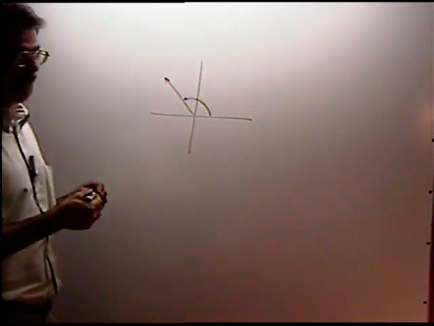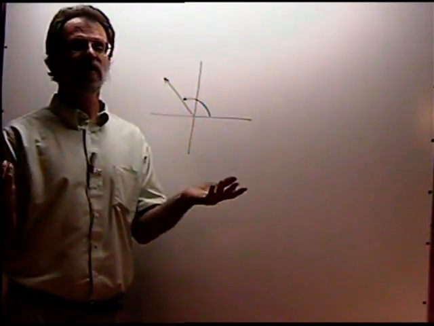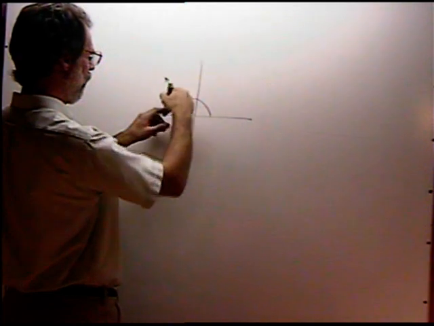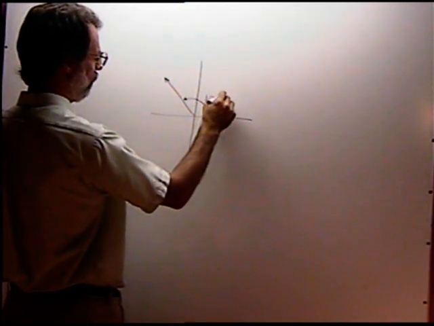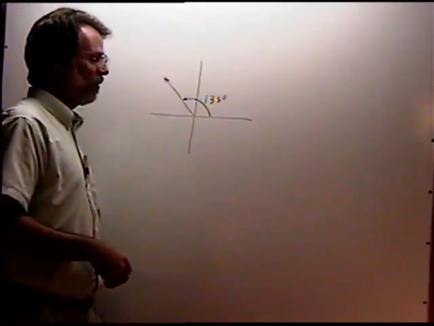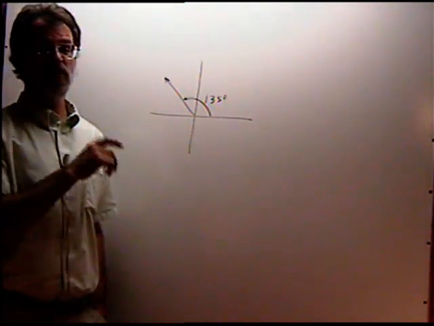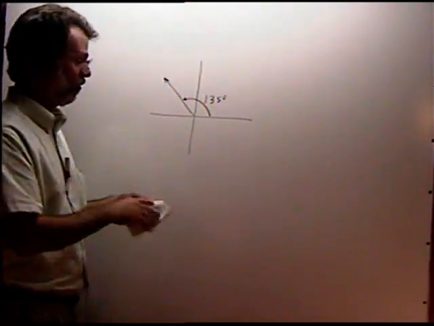Well, how would you estimate the angle? I should have had a protractor with me, but hopefully you have a protractor. You put your protractor on here and you measure this angle, and it's probably going to be something like 135 degrees as measured from a protractor. So make sure when you go into your test that you bring your protractor with you, because you will likely need it for measuring angles and drawing angles.